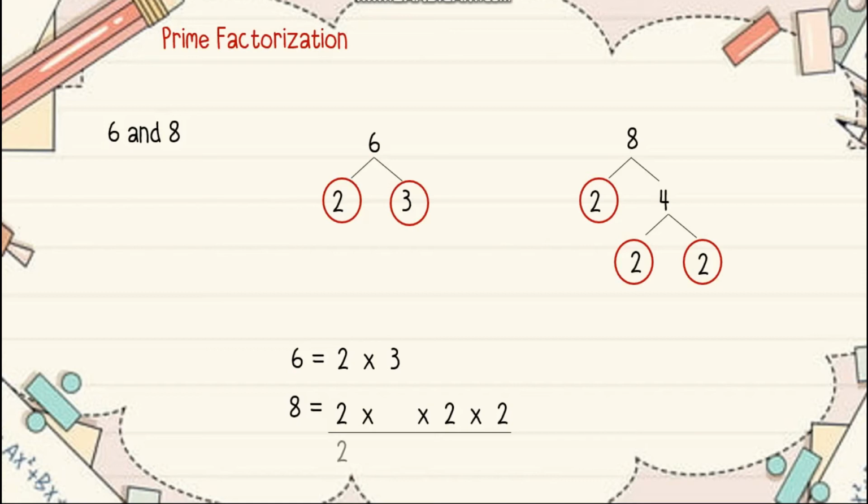So we're going to bring down the 2, 3, 2, and the other 2. So multiply them together, you're going to have 24.